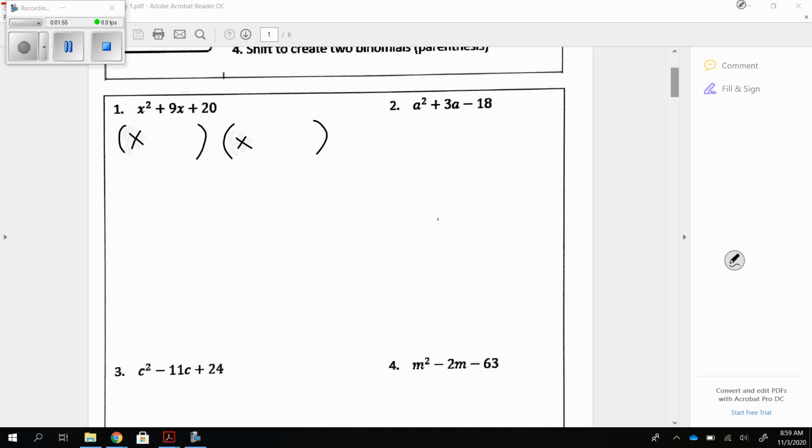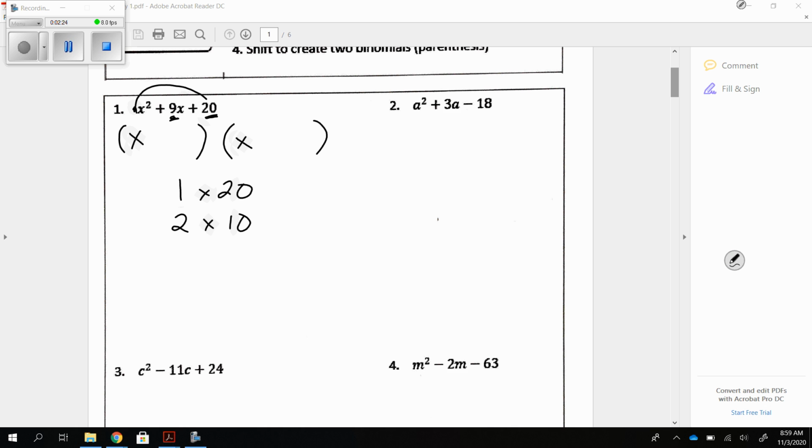From here we just need to find what two numbers are going to add up to 9, and when they multiply together is 20. Because A is 1, 1 times 20 is 20. So let's just list what times what gets us 20. 1 times 20. Does that get us to 9? Nope. 2 times 10. Does that add to 9?